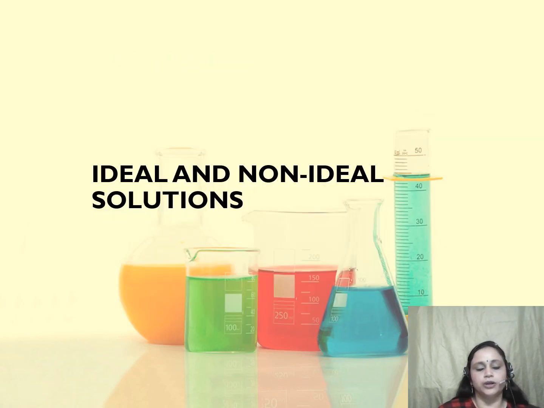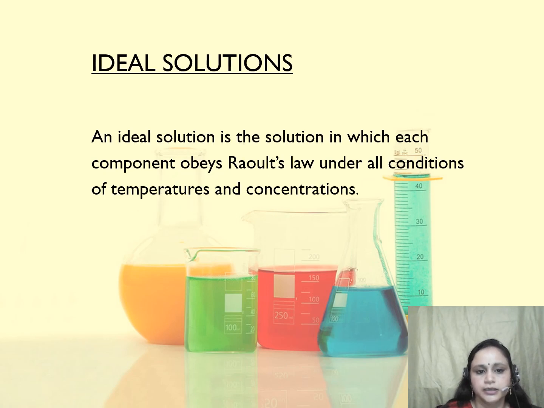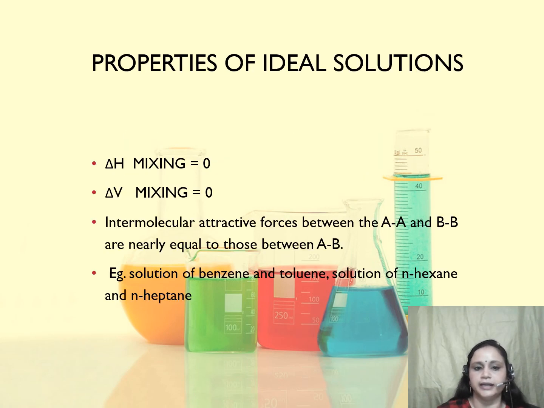Then, on the basis of Raoult's law, we can identify whether the solutions are ideal or non-ideal. Solutions are considered ideal when they follow Raoult's law under all conditions, and when delta H mixing comes out to be 0, so there is no enthalpy change.